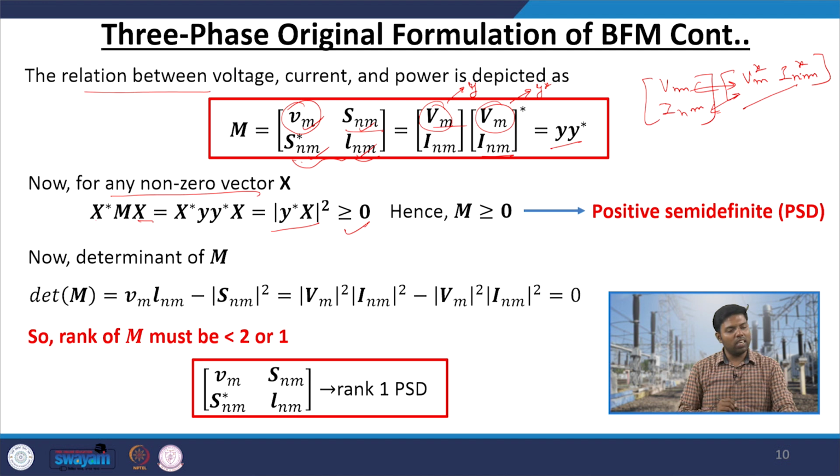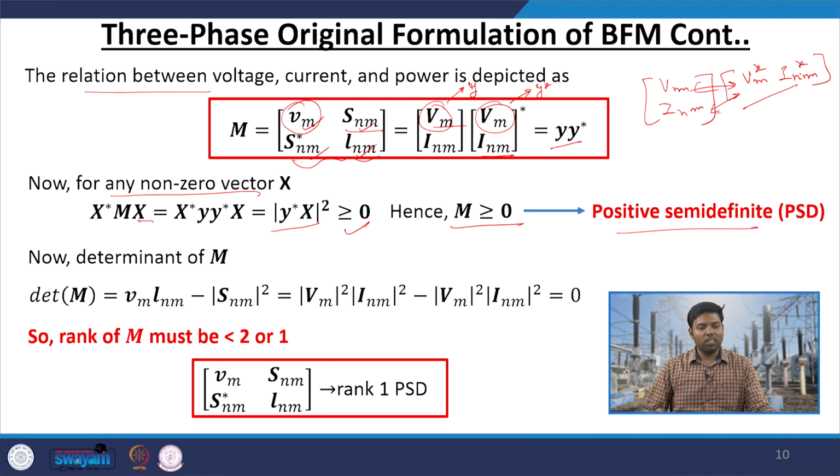It is always greater than or equal to 0. That means this matrix M is a positive semi-definite matrix. It is not a positive definite matrix, because positive definite holds only if it is greater than 0, but here it is greater than or equal to 0. So, it is a positive semi-definite matrix.